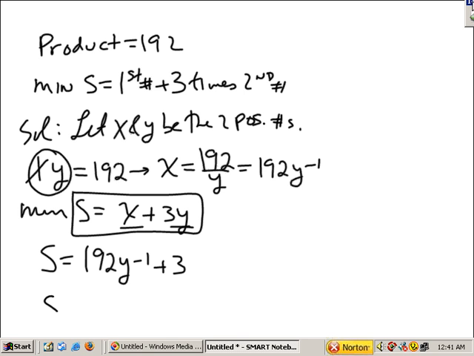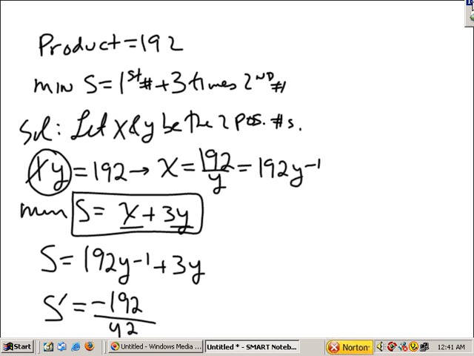So the derivative of s is negative 192 y to the negative 2, which becomes this. And then we wonder what is going wrong. Plus 3y.